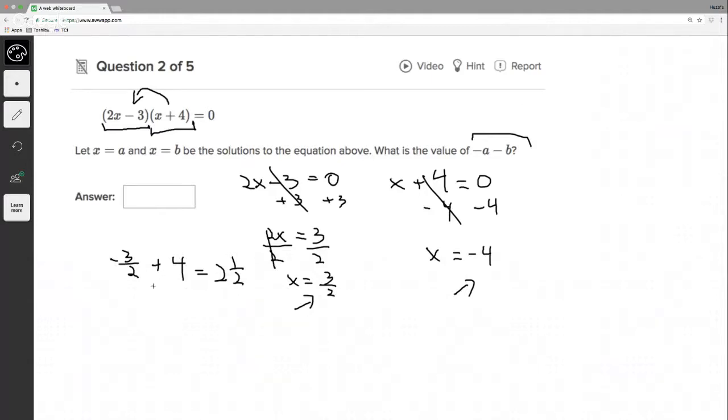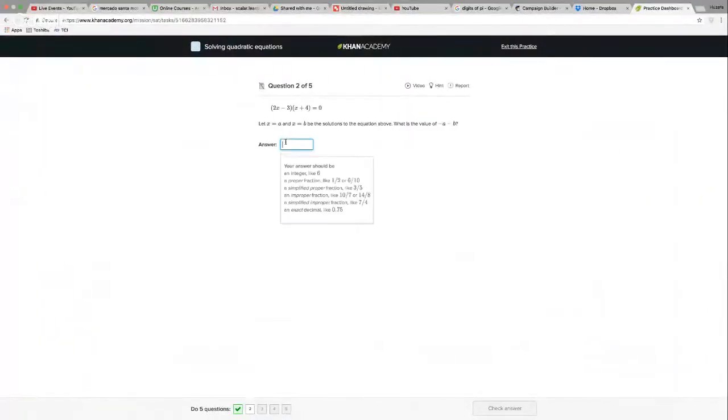I kind of did that mentally. Let's reduce this to negative 1.5, if we make that a mixed number. So you can see this is really 4 minus 1.5, which gives you 2.5. But we're going to represent this probably as a decimal, so I'm going to represent this in the answer as 2.5. You should be able to also represent it as 5 over 2. It doesn't matter, but I'm just going to do it that way.